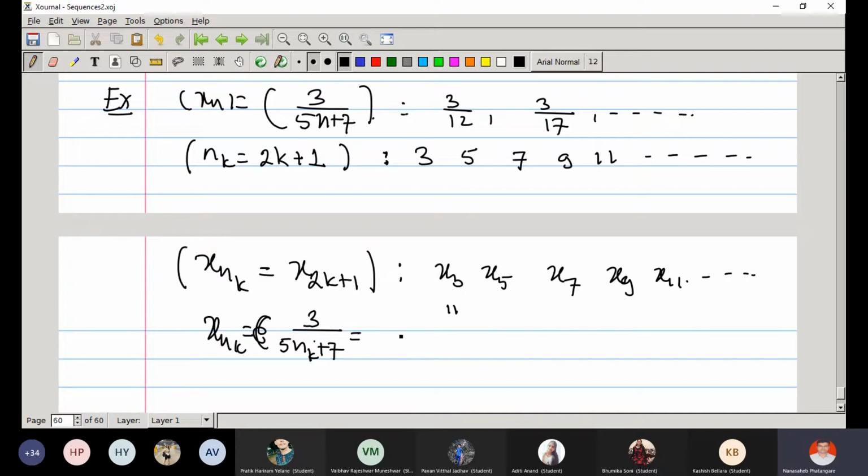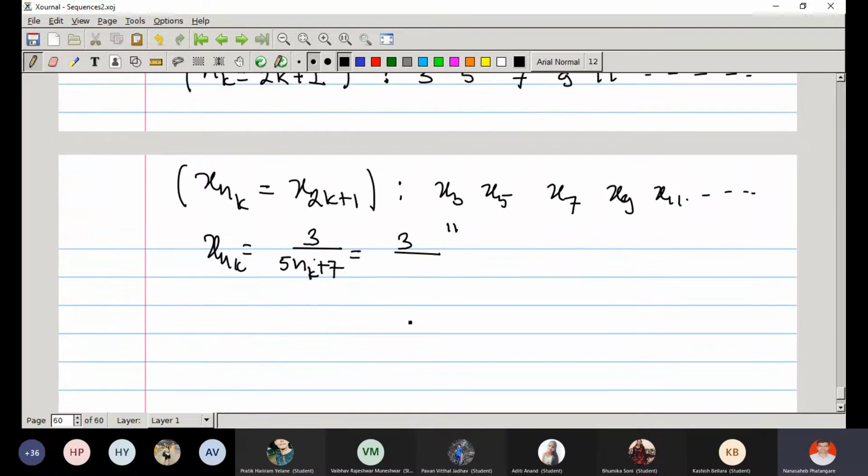But what is nk? Nk is 2k plus 1, so we get a direct formula for xnk: 3 upon 5 times 2k plus 1, plus 7. So this is 3 upon 10k plus 12. This is a direct formula for xnk, and therefore you can write the terms of xnk. And what varies here? K varies, and so we'll get successive terms.